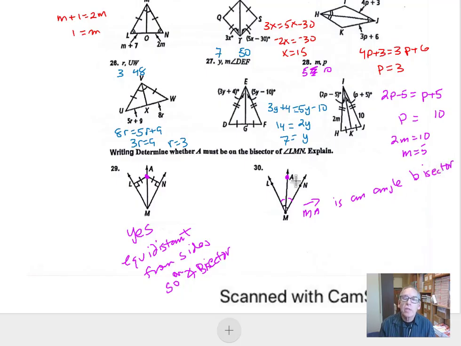And we can see in looking at this that A is on this ray MA. So A is on the angle bisector.